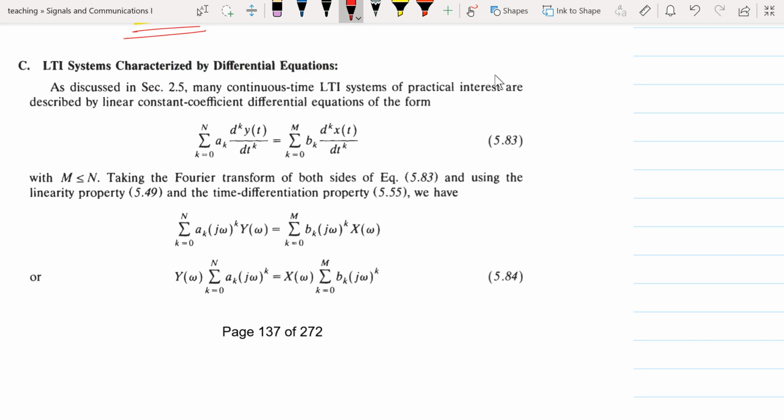We, of course, were able to figure out that we can express continuous time LTI systems using linear constant coefficient differential equations. We found that earlier. And therefore, if you can represent such a system using constant coefficient differential equations in the time domain, then equivalently we can apply the Fourier transform on both sides, and of course apply the properties that you have already learned, that of linearity and the time differentiation property.